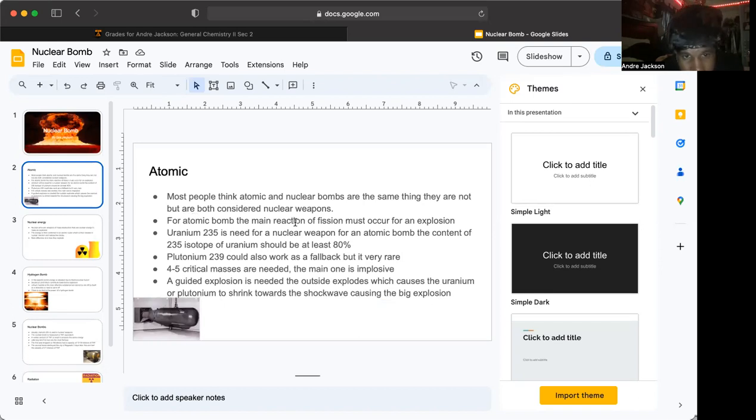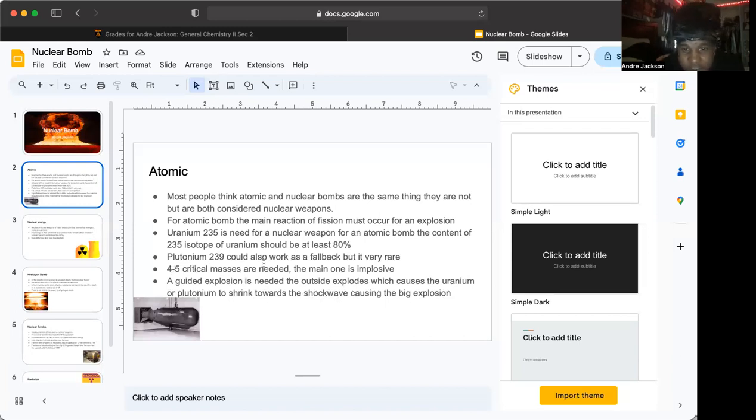For an atomic bomb, the main reaction of fission must occur for an explosion. Uranium 235 is needed for an atomic bomb. The content of the 235 isotope of uranium should be at least 80%. Plutonium-239 could also work as a fallback, but it is very rare to find, and you can also create it. 4 to 5 critical masses are needed.